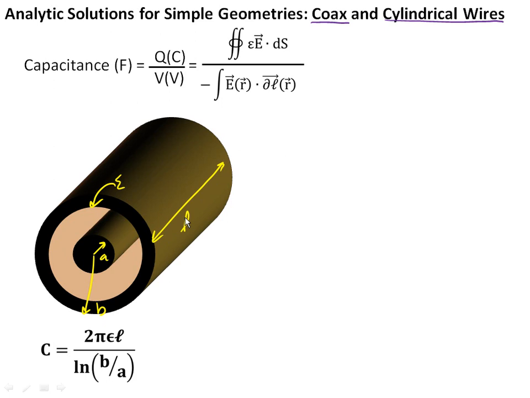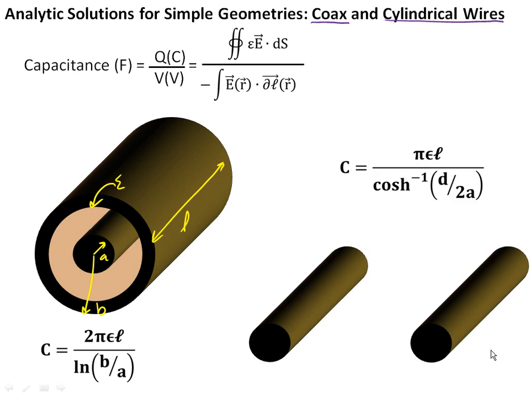If we leave out L, we get the capacitance per meter, per unit length, and this is exactly what we used when we determined the impedance of transmission lines in the first set of videos.